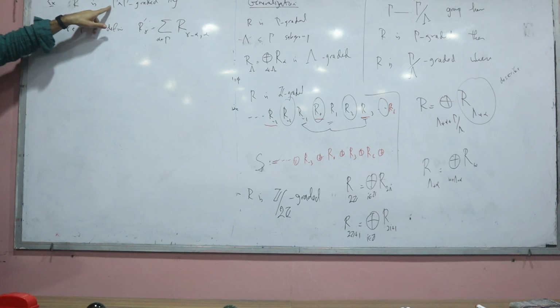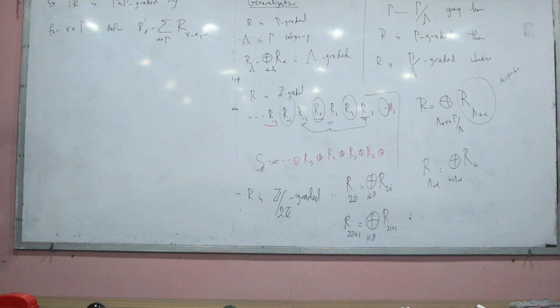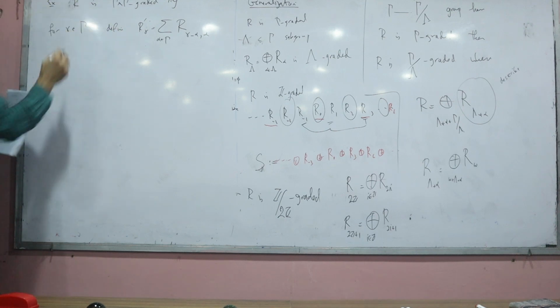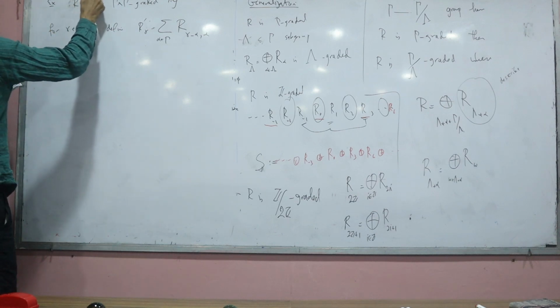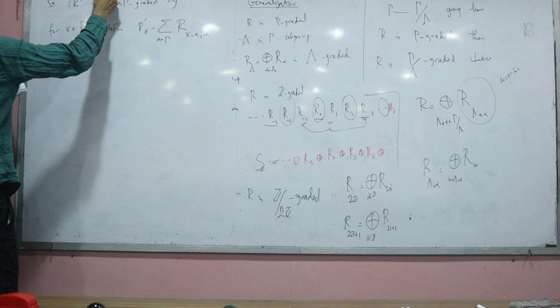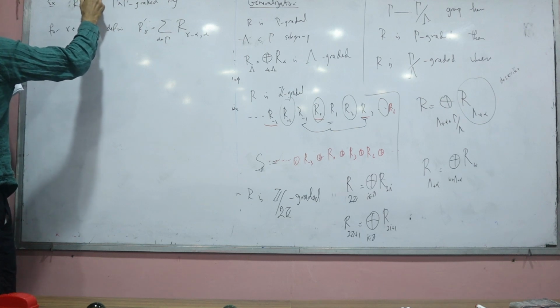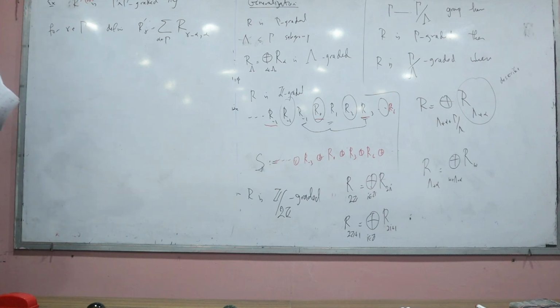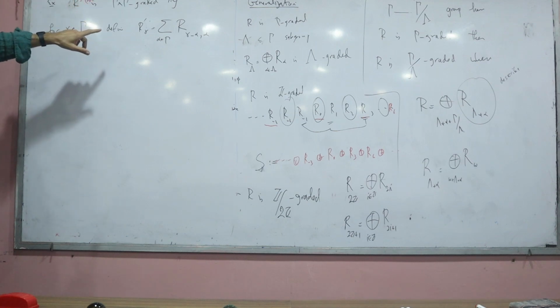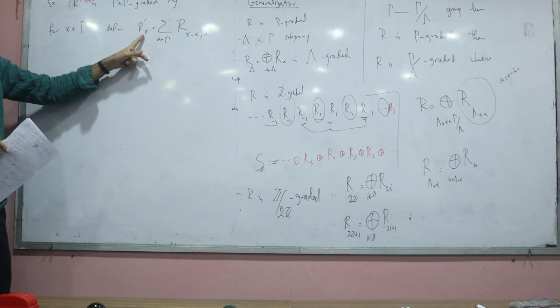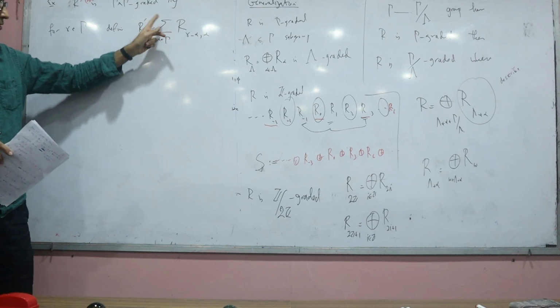R is a Gamma times Gamma graded ring, so you have all these components. So this can be written as, so you have all these components. Now I'm going to define new components based on this. I could write also to example.